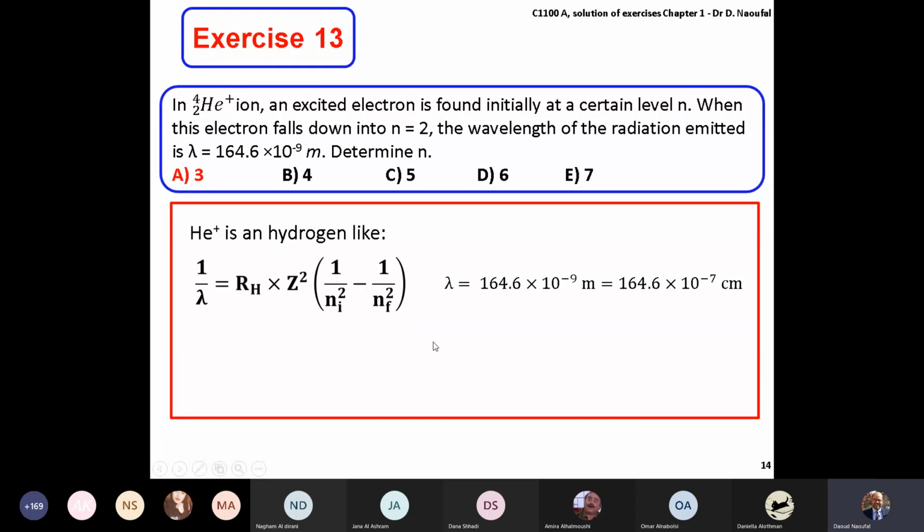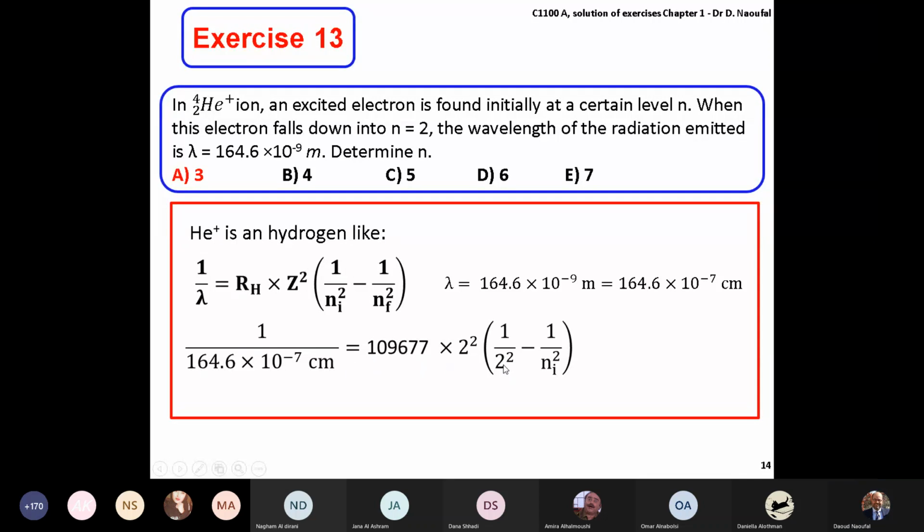The electron is found initially at level 2, and n final, we have to calculate, is the higher energy level. So by this way, I can calculate n final, with 1 over lambda in centimeter.